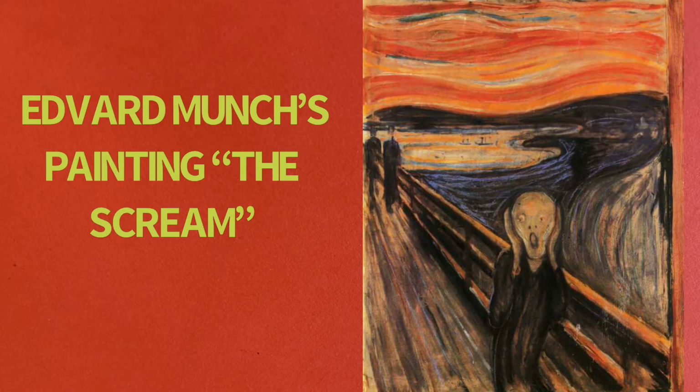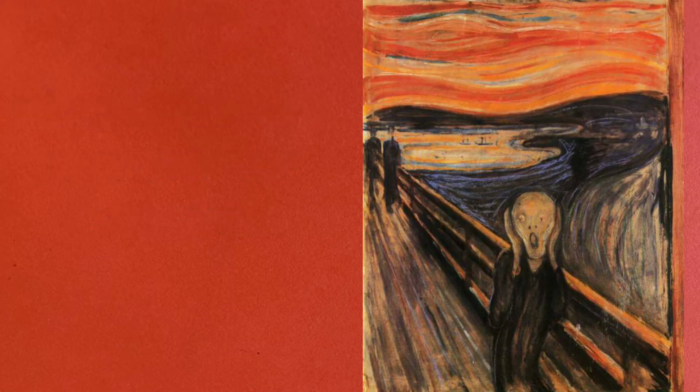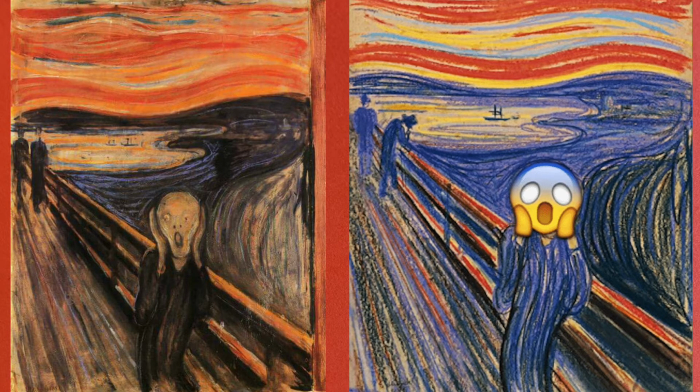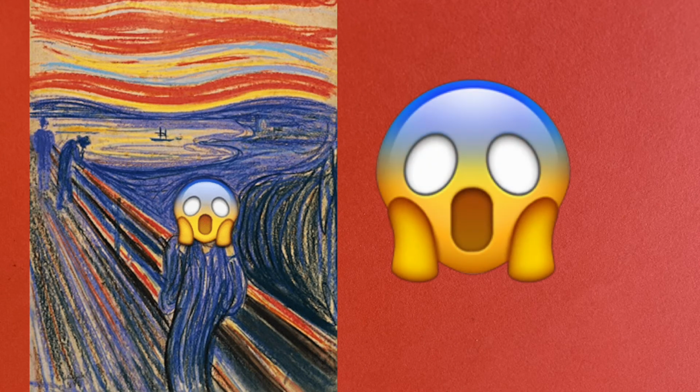How does the background work in this painting to show more about the person in it? Because these images are so famous, you might have seen them being used in a kind of joke. I even think that this emoji is based on it.